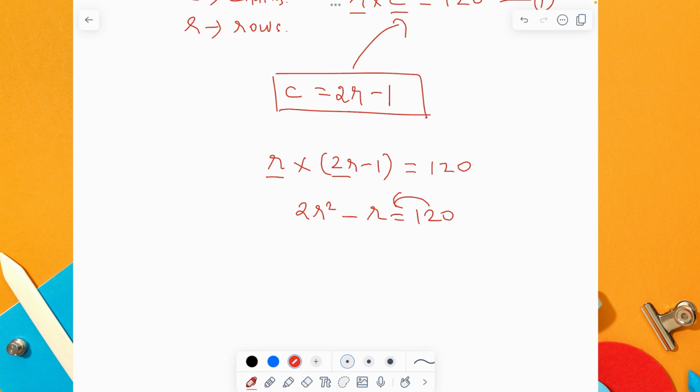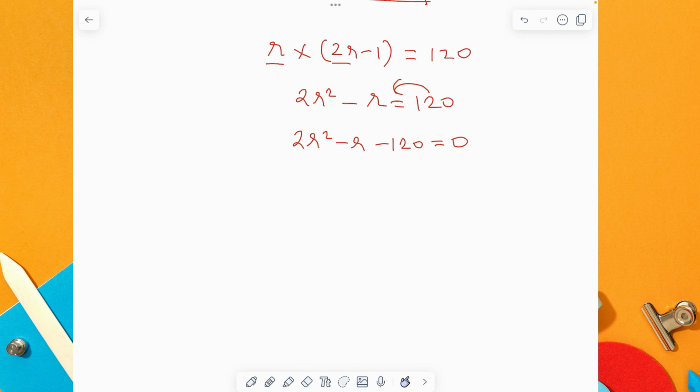Now take this 120 to the left hand side: 2R square minus R minus 120 is equal to 0. This is a little bit tough because the product is large. Therefore, we are going to use the quadratic formula to find R.